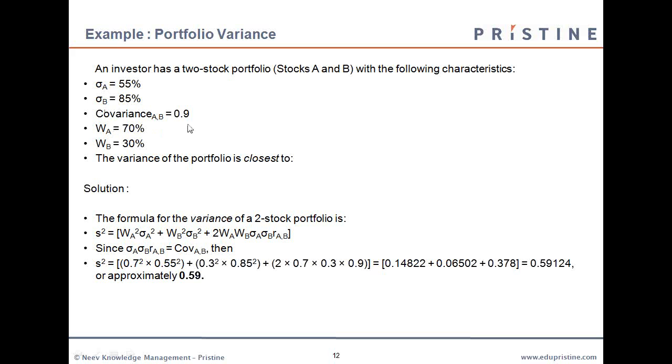You will use the covariance and the standard deviation of asset A and standard deviation of asset B to find the correlation between asset A and asset B. And then you will use the formula for variance of a two-stock portfolio, and you will calculate the variance of the portfolio.